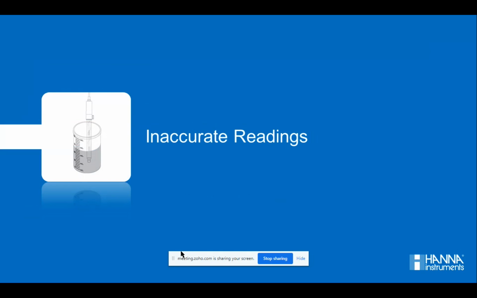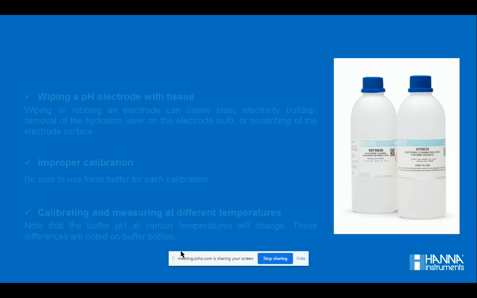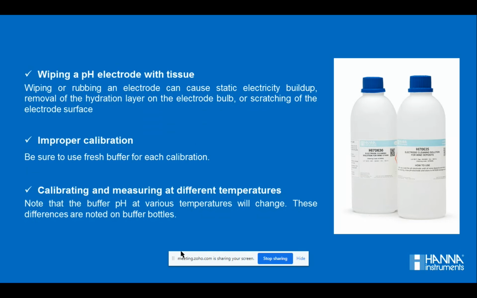Then inaccurate readings are also observed so many times in the pH measurement. So what are the possible problems? A major possible problem can be wiping of the pH electrode with tissue. Yes.